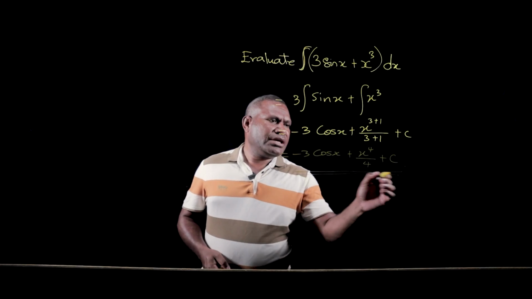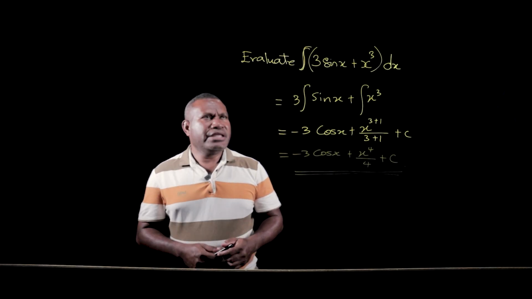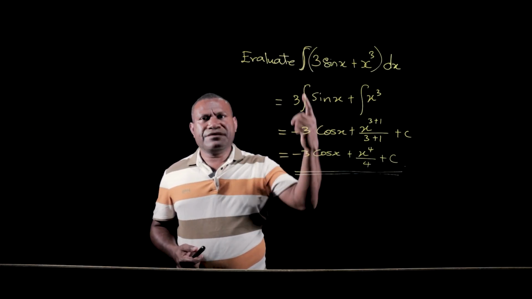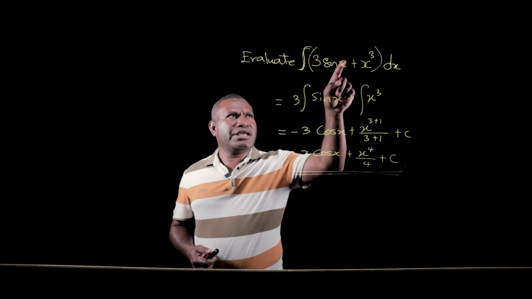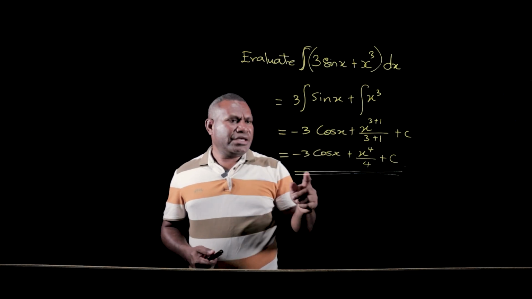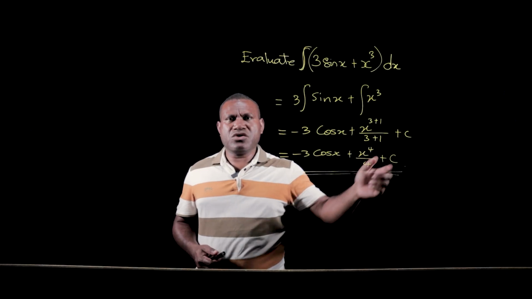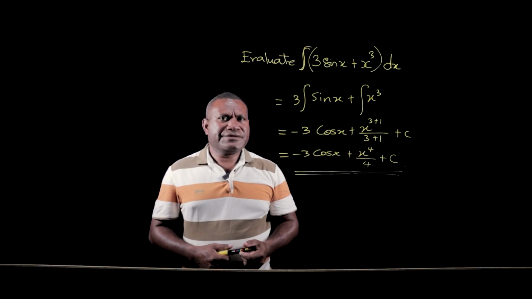This is the answer to this question. It is an indefinite integral. So the indefinite integral of 3 sine x plus x cubed is minus 3 cos x plus x raised to the power of 4 divided by 4 plus the constant of integration.